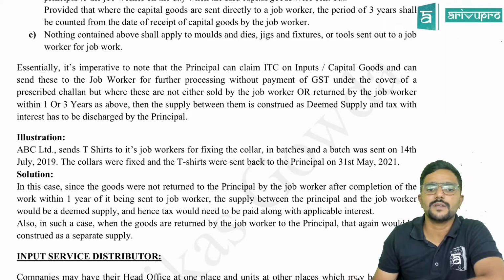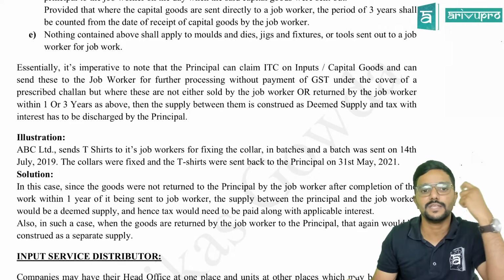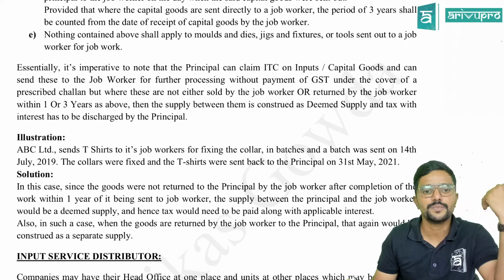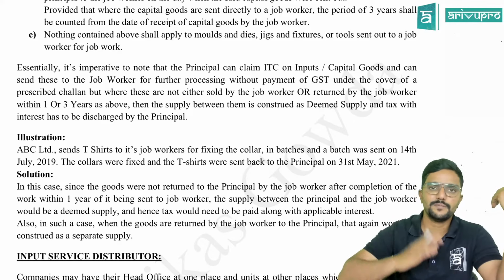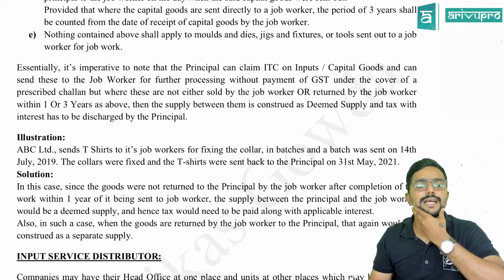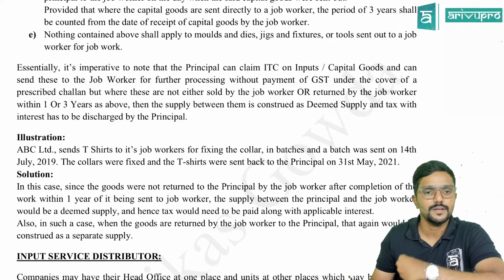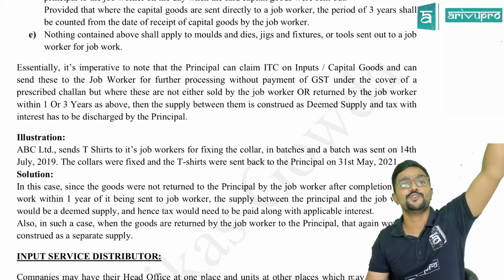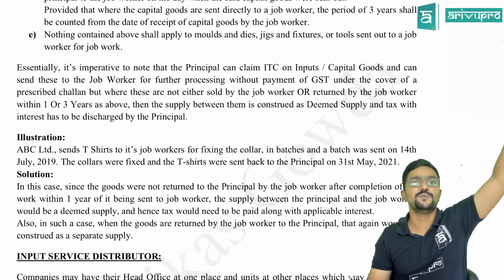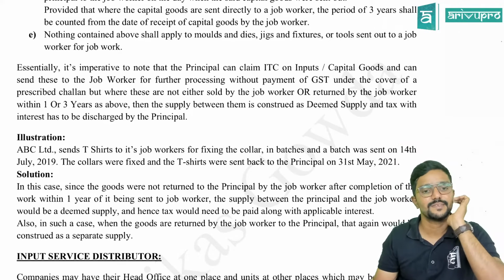But where these are not either sold by the job worker or returned by the job worker within 1 or 3 years, as the case may be, then the supply is considered as deemed supply from principal to job worker, and tax with interest has to be discharged by the principal. Why? Because it was a supply 1 year before, or if it is capital goods, 3 years before. So you will end up paying tax on that along with interest.